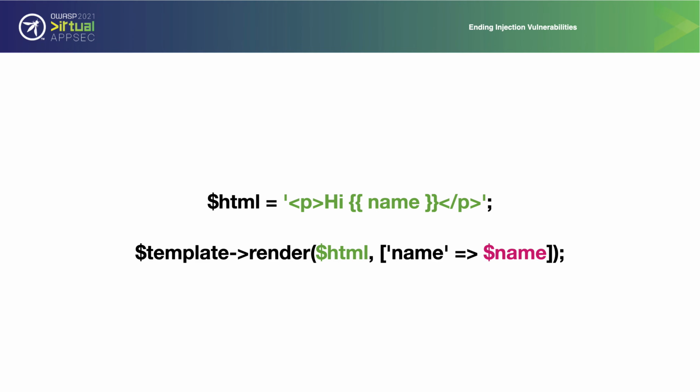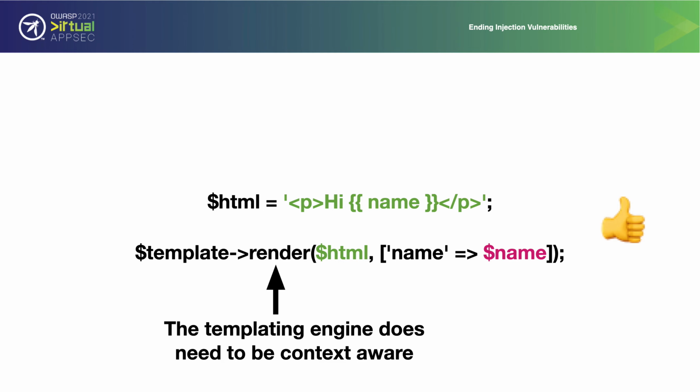You provide that template, that string, to the template engine, and then you provide the user details separately. It can then go away and encode those values according to the context. And that's great, and that works nice and simple. And so you do have to make sure your templating engine is context aware, otherwise there are risks associated with that.